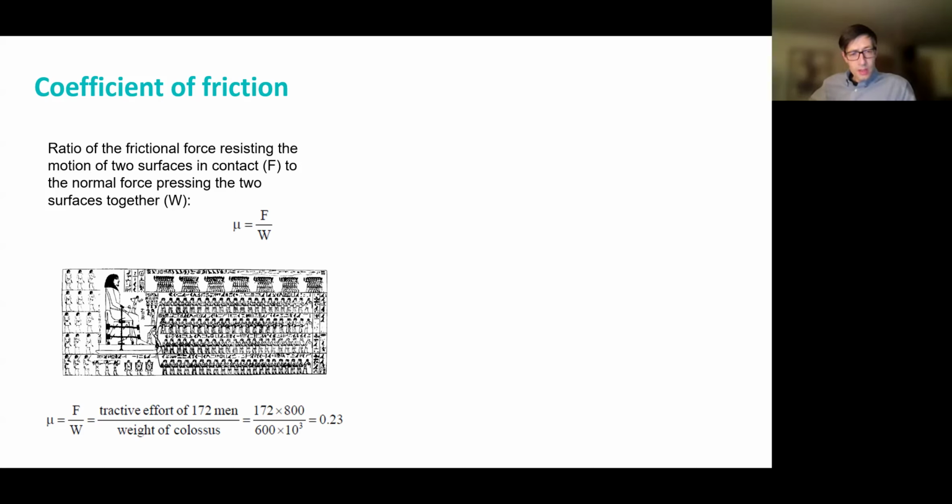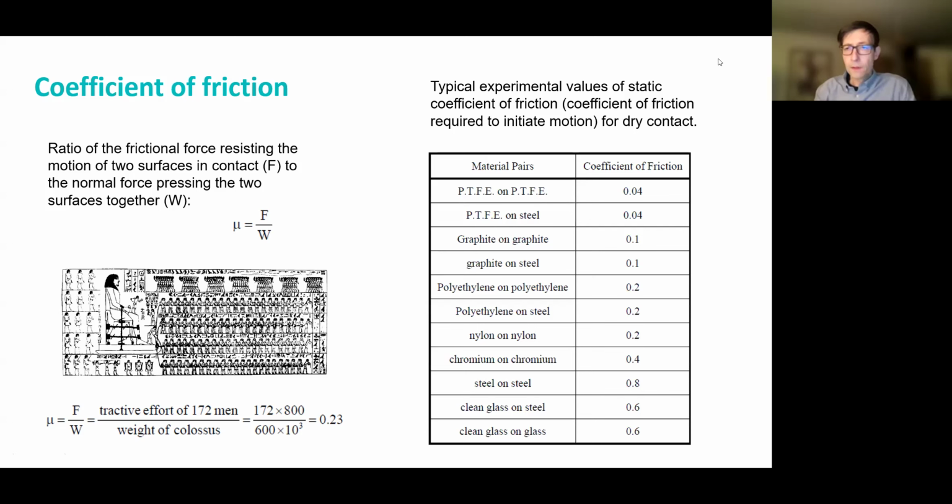So that suggests that there is some lubrication going on, because for any dry friction case, you can achieve around 0.2 coefficient of friction only for the cases where you use some polymers, which tend to be low friction materials.